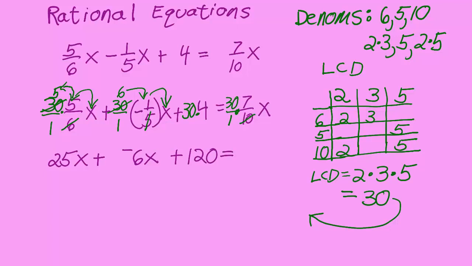And 10 goes into 30 3 times. 3 times 7 times x is 21x.